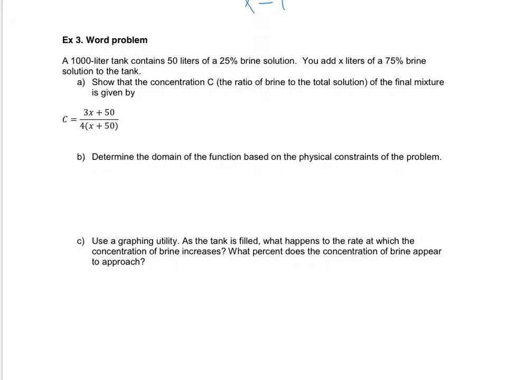So let's set up. Reading the problem, if I have 50 liters at 25%, and then I'm adding some unknown amount of liters, x, with a 75% mixture, to equal C, which is the concentration, times my liters, 50 plus x.